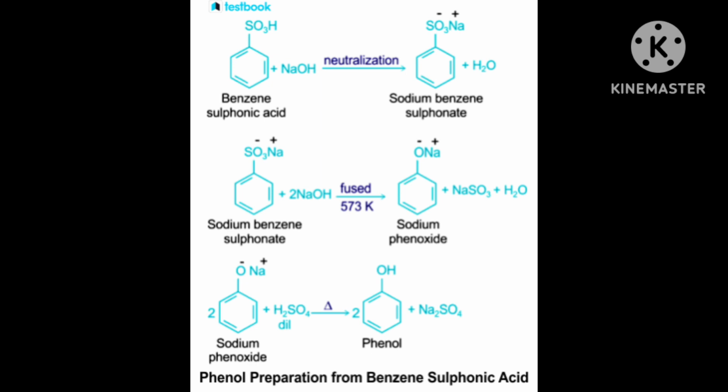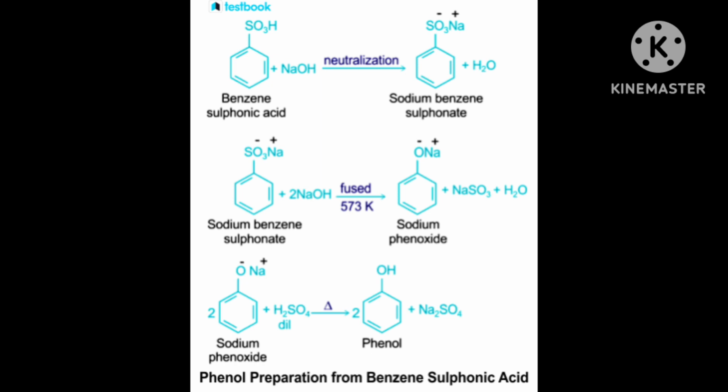And after the sulfonation, from benzene sulfonic acid you will get phenol. But in the middle I told you 2 steps. The main step is formation of sodium phenoxide, and after that acidification with either HCl or H2SO4.